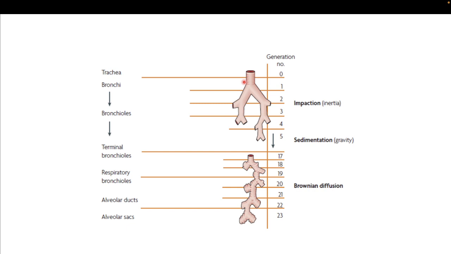Also, if you have a very large particle, let's say a 10 micron particle, it will have impact here, and there is a possibility that it might get stuck in these walls because it has a larger mass and won't be able to settle by gravity. That is why the desired range for deep lung delivery is always 1 to 5 micron. Is this clear?